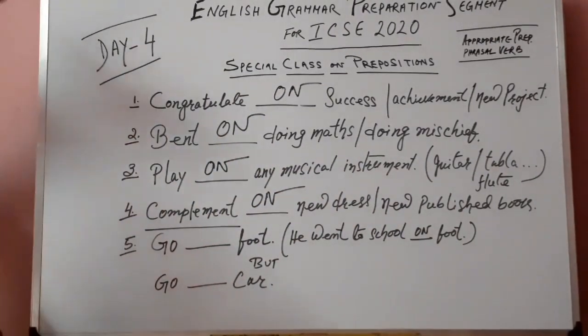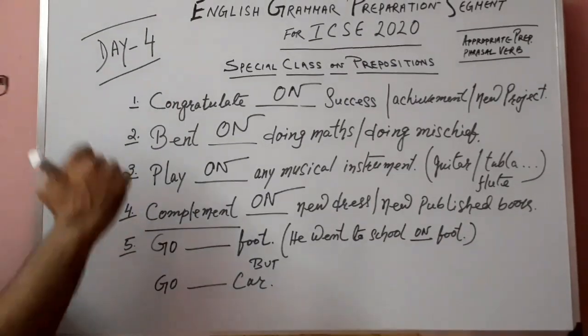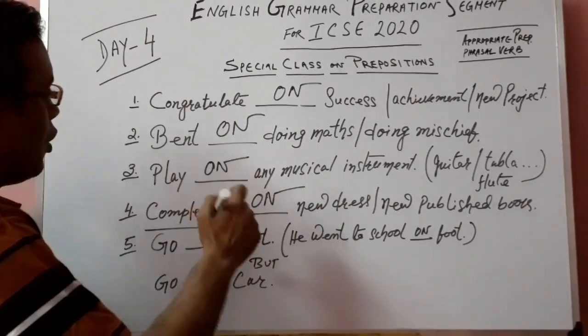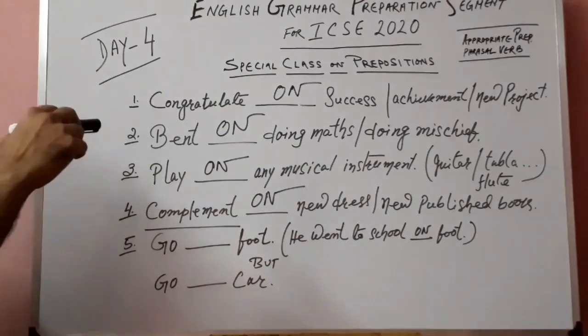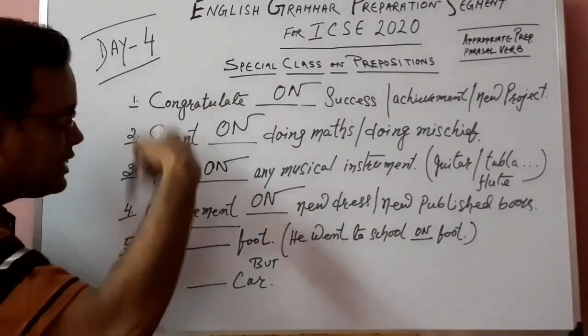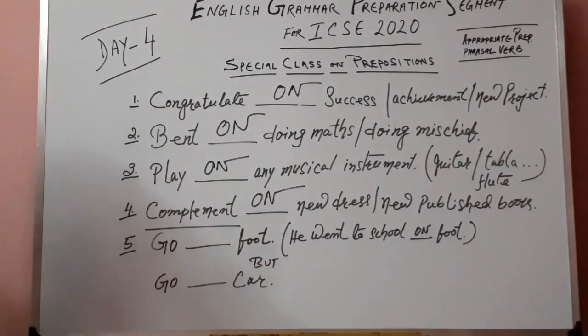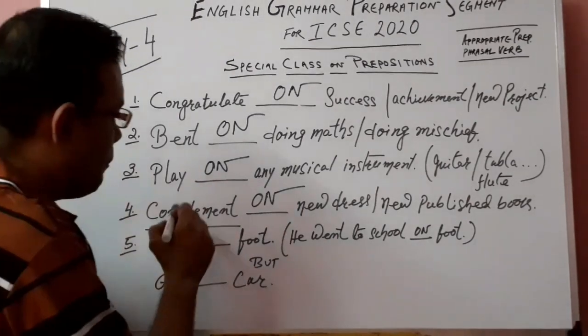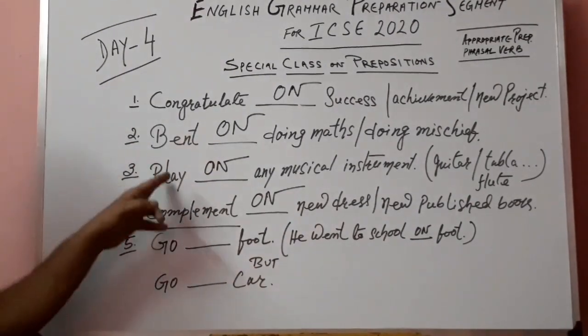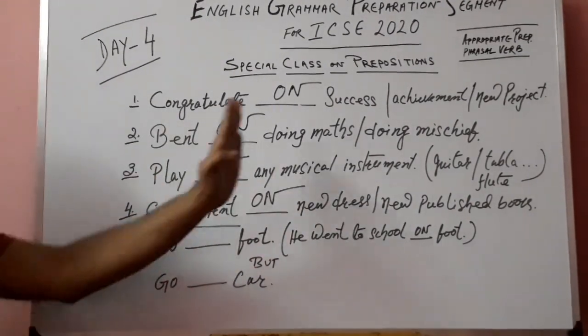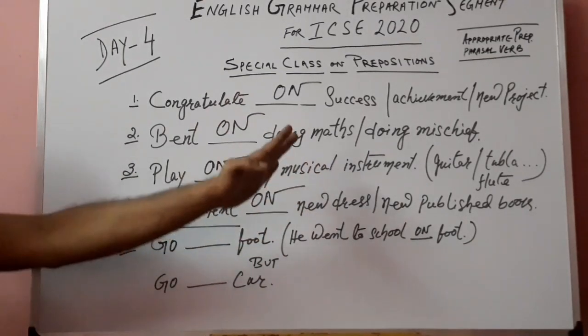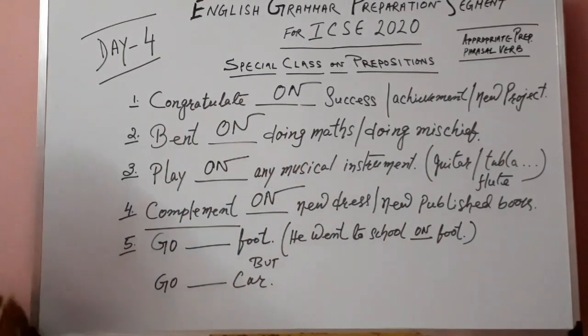The preposition on will be used for such words. If we practice in this way, it will be formed in our memory, then we mustn't get confused. So compliment on. Play on any musical instrument. But if dolls, friends, then play with.